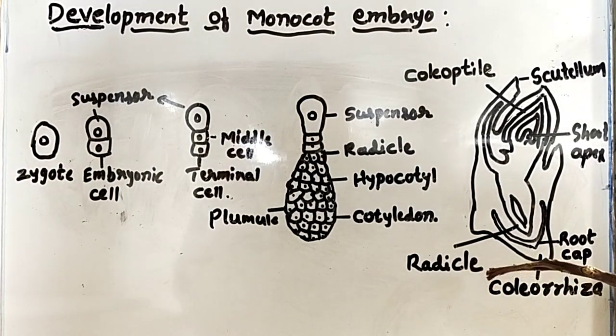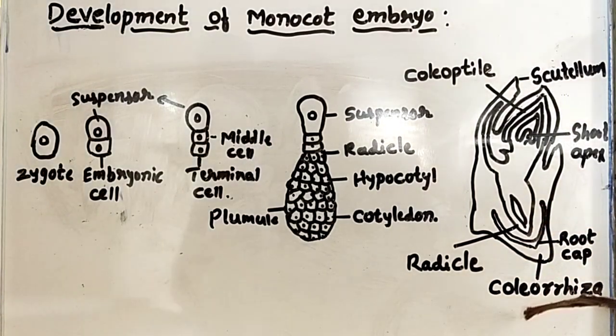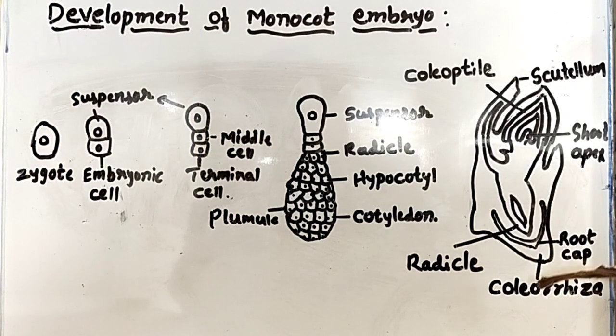So the radicle enclosed in a covering or sheath, that sheath is known as coleorhiza. Whenever you see the root apex or radicle, it is always covered with the root cap. So this is the radicle and this is the root cap.